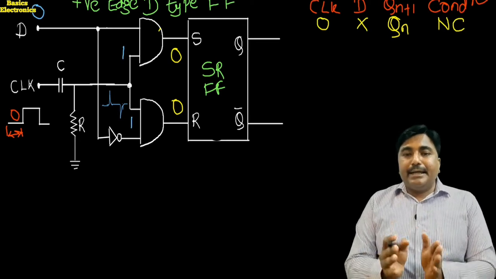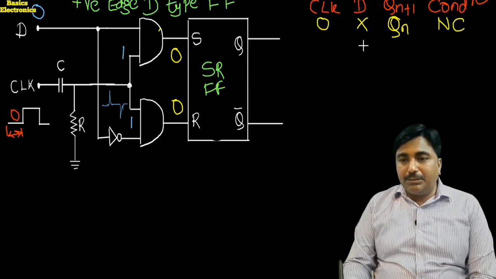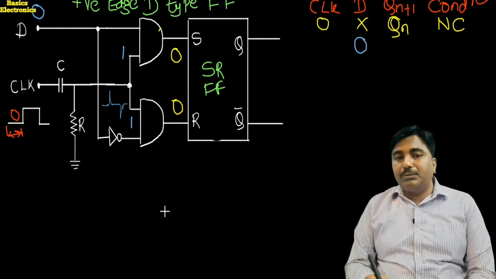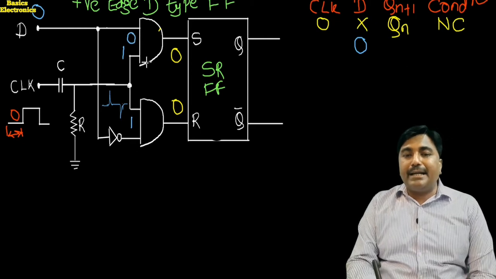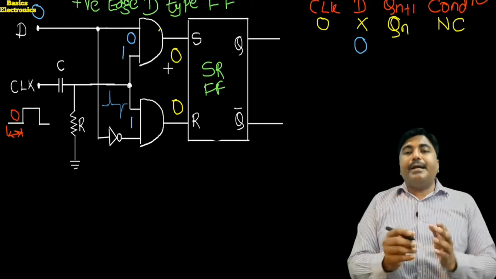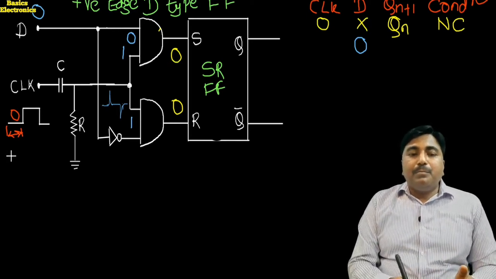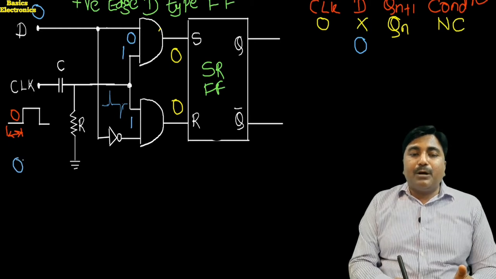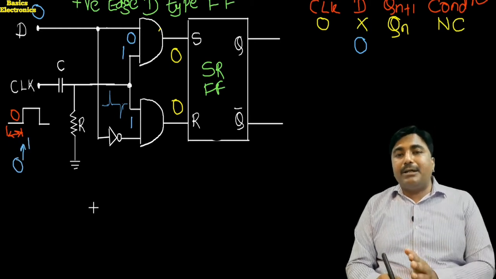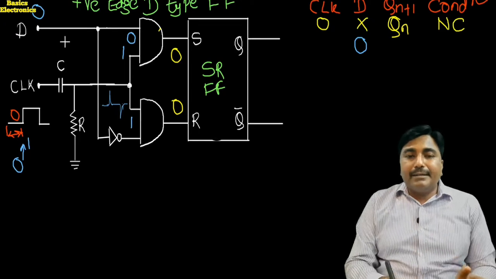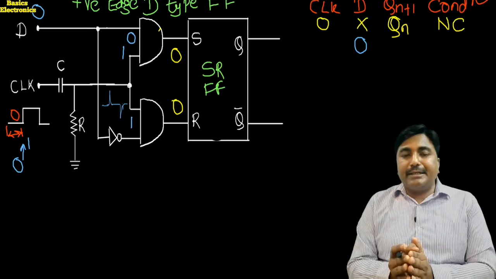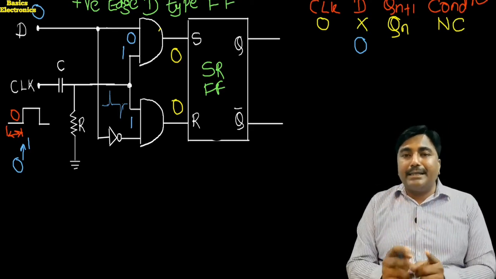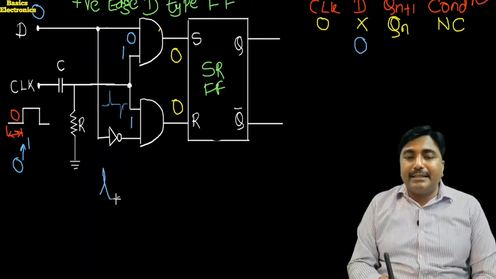Now we see the condition when the D input is equal to 0. So when D is equal to 0, one input of the upper AND gate is equal to 0. It means the S input is equal to 0. Now when the clock pulse input changes from 0 to 1, this RC differentiator circuit produces the positive edge. It produces the rising edge here like this.